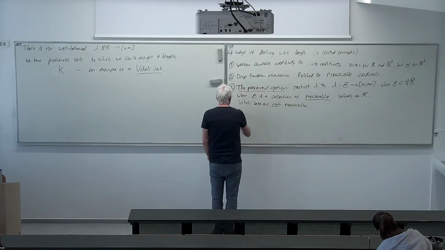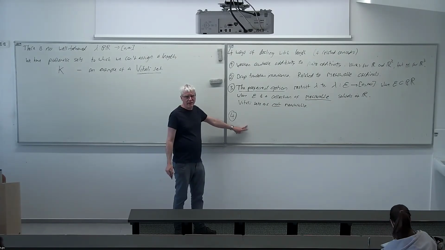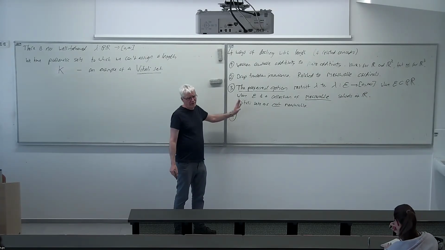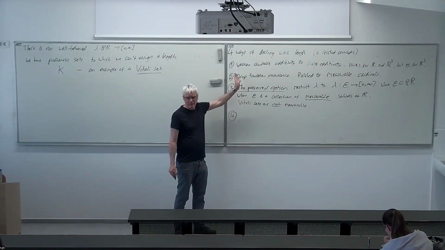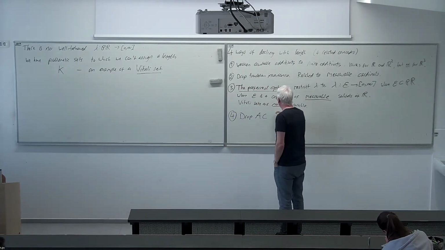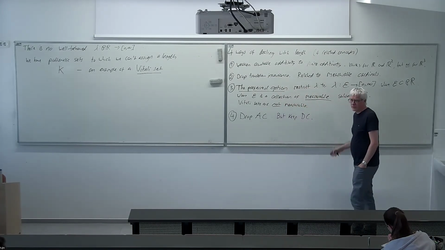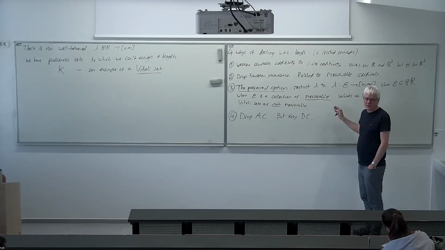Of course, a very enticing possibility, which is something I like very much, is to drop the axiom of choice. And then if you don't have the axiom of choice, it is consistent to have such a measure. But you can keep dependent choice. And with dependent choice, it is consistent to have a well-behaved measure on all subsets.